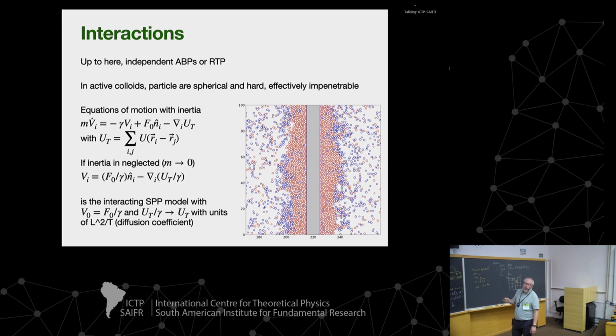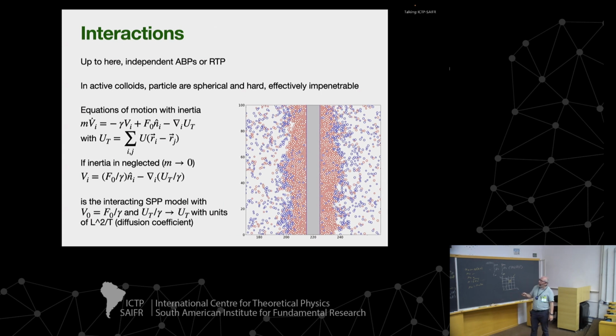There's a friction, viscous friction, because bacteria or colloids move in liquids. There's a self-propulsion force, because the bacteria have flagella, etc. And there's an interaction force, the gradient of a total potential, where I'm considering just pairwise potentials.